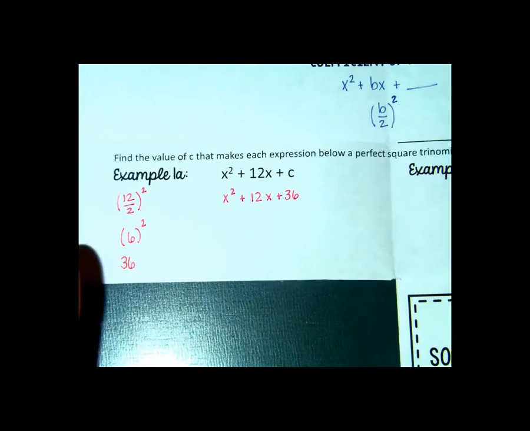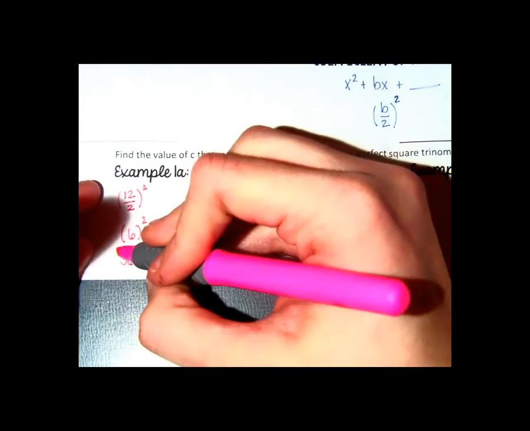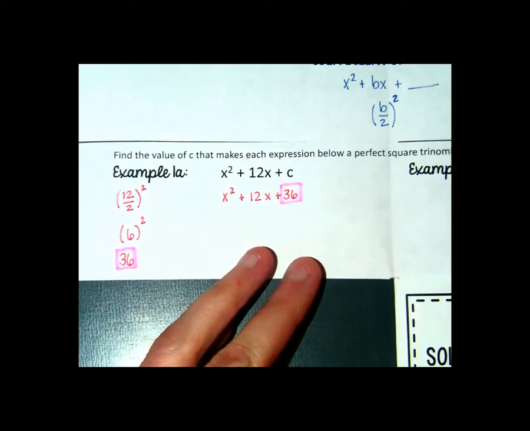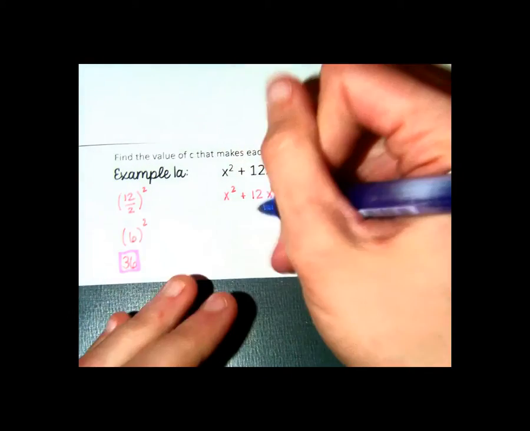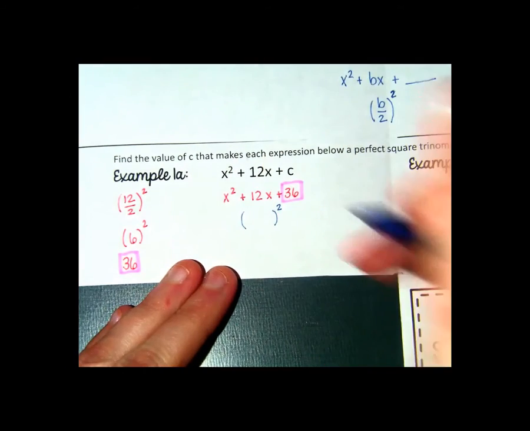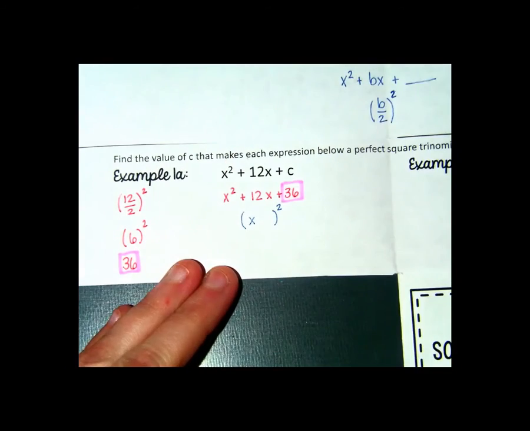In case you are confused where any of those numbers are coming from, I want you to pull out 2 highlighters. I'm going to be using orange and pink just to show you where these numbers are coming from. Here's 36. Now if I write this as a perfect square, it is x and then what?